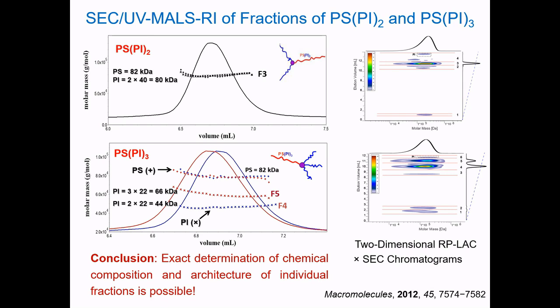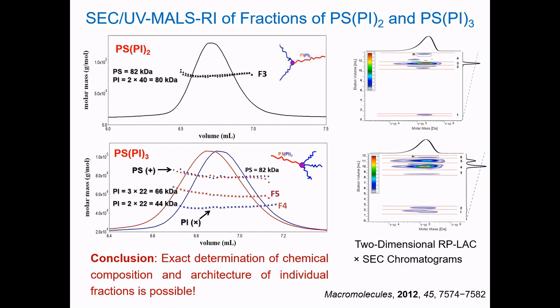These figures show the refractive index chromatograms of the most intensive fractions of the 3 and 4-arm stars, together with the molecular weights of polystyrene and polyisoprene components as a function of elution volume. The fractions that are present in the samples in trace amounts are not shown.